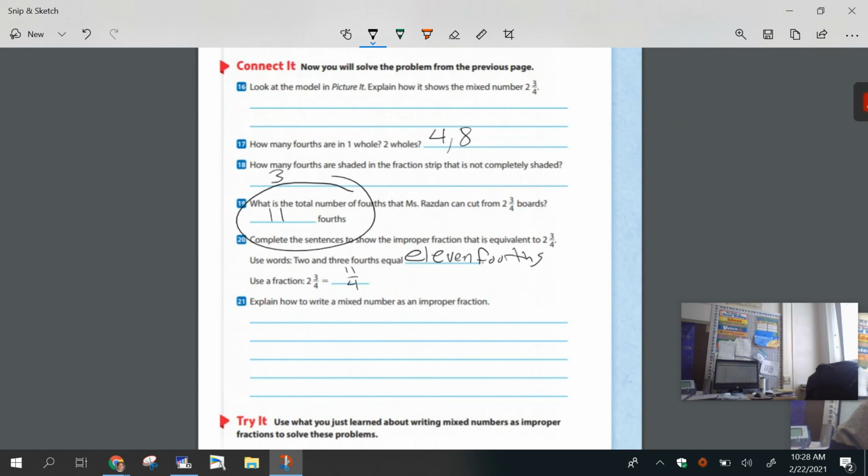Okay, who wants to explain to me how to write a mixed number as an improper fraction?